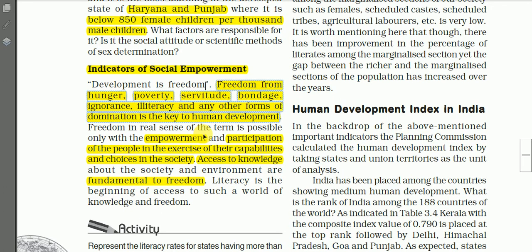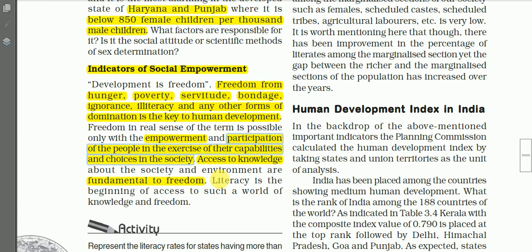Then ignorance, illiteracy. That means a life free from ignorance, free from illiteracy, and any other forms of domination is the key to human development. Freedom in the real sense of the term is possible only with the empowerment and the participation of the people in the exercise of their capabilities and choices in society.